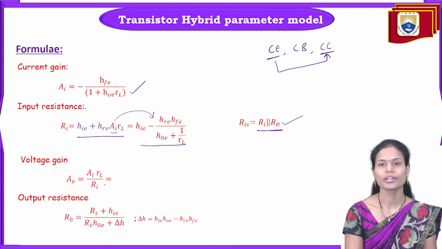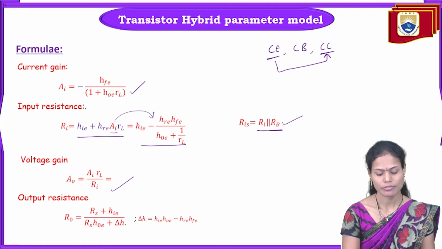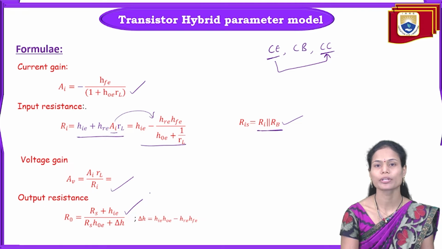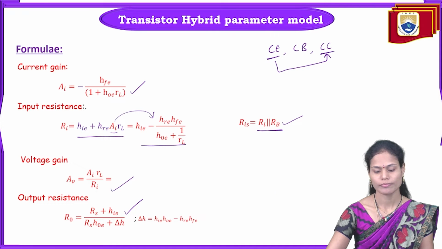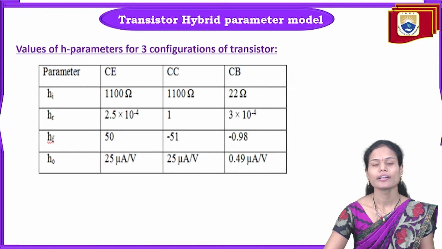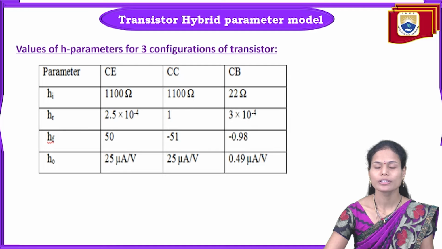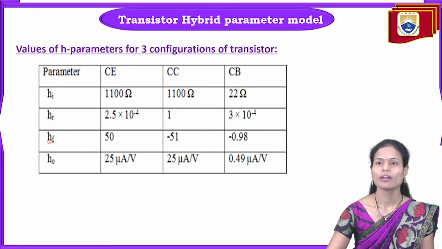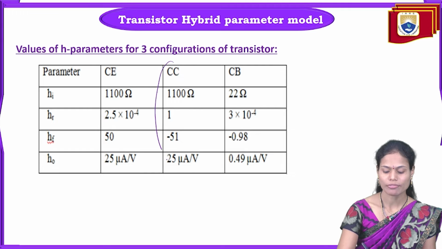And next, voltage gain. So voltage gain we can calculate from the current gain as well as load resistance and input resistance. And the output resistance we can calculate from the source and input impedances as well as the variation of all the H parameters. And also along with these particular formulas, we also require the H parameter values of CC configuration here.